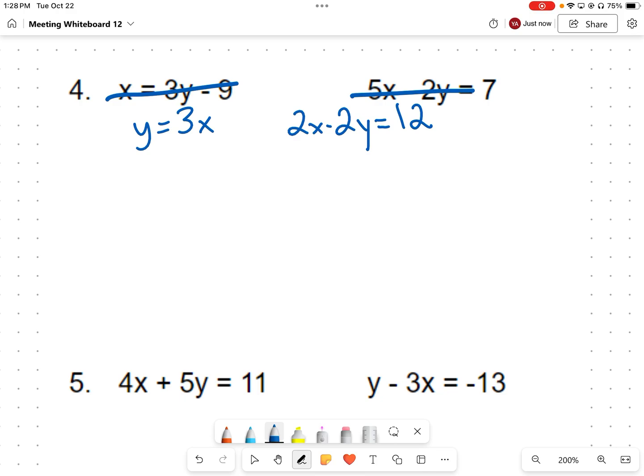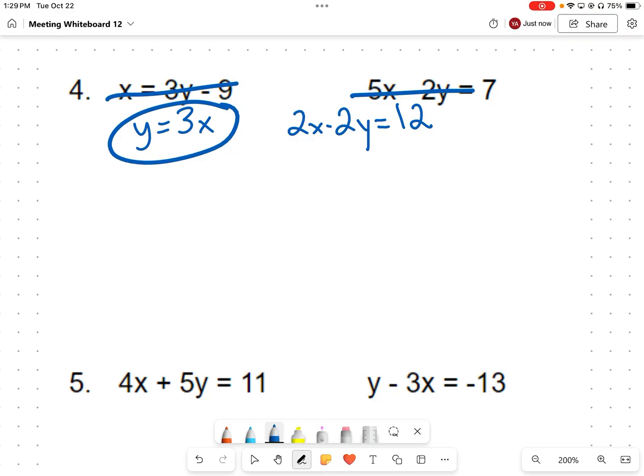Okay, so y equals 3x and 2x plus 2y equals 12. So what we look for first, are one of them already solved for a variable? Yes. Y is solved. It says y equals 3x. So we are going to find out where we need to plug that in into the other equation.